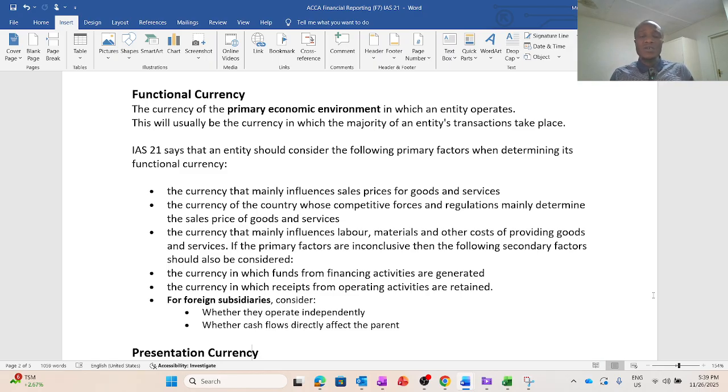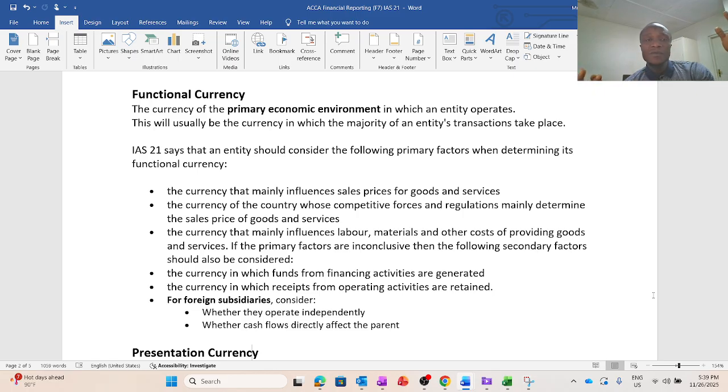Another important point is the currency that mainly influences the labor, the material, and other costs of providing goods and services. If the majority of the cost of running the day-to-day operational activity of the business, and the majority of our capital expenditure, is in another currency, for instance dollar or pound, then this is an indicator that our functional currency is the dollar or the pound. Another factor is the currency in which funds from financing activities are generated.